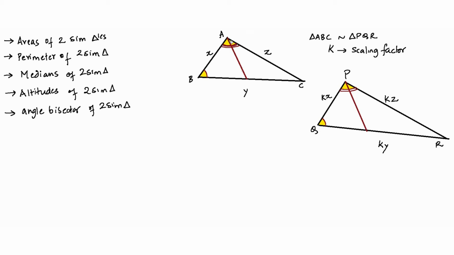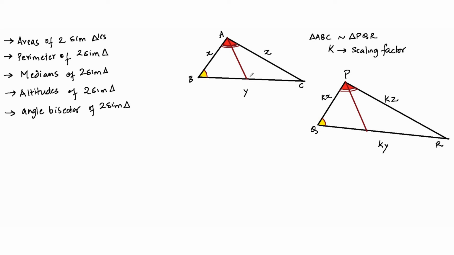Let me use a different color. Okay. Now if complete angle A is equal to complete angle P, and let's mark the angle bisectors.